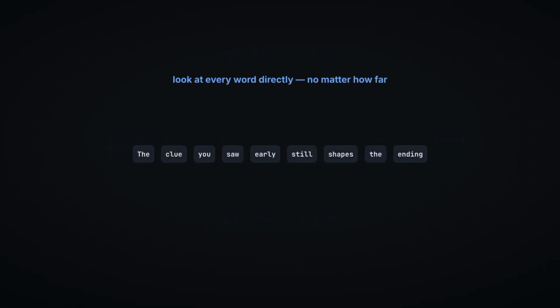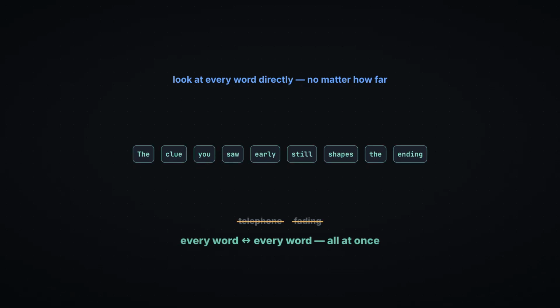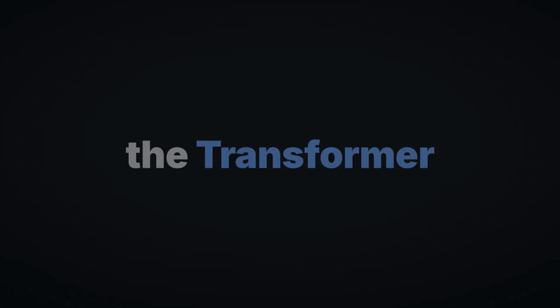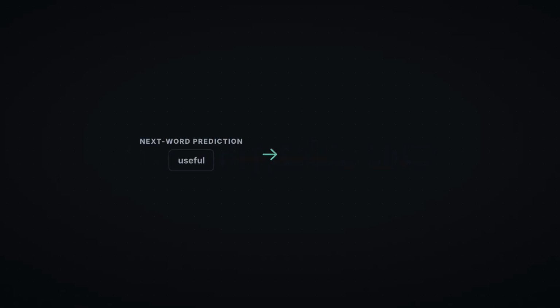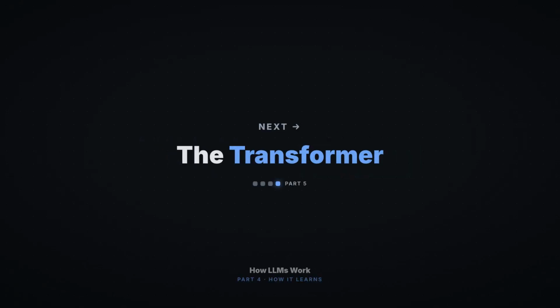What changed everything was an architecture that could look at every word in the text directly, no matter how far away. No telephone game, no fading, every word can reach out to every other word all at once. That architecture is called the transformer, and it's what made context understanding so deep and so effective that next word prediction went from useful to extraordinary. That's what we're looking at next.